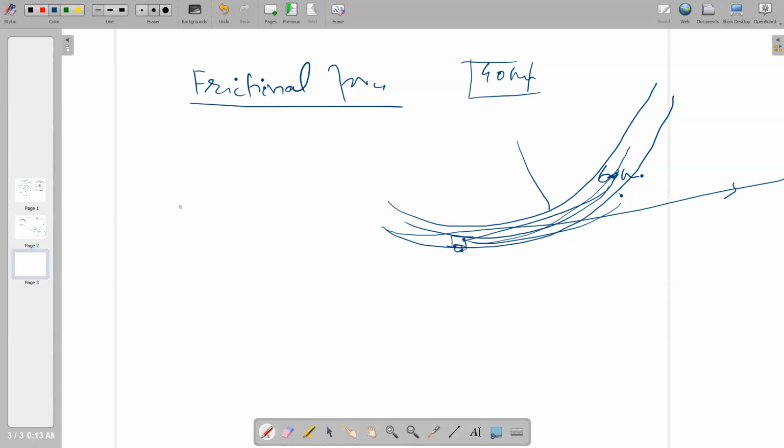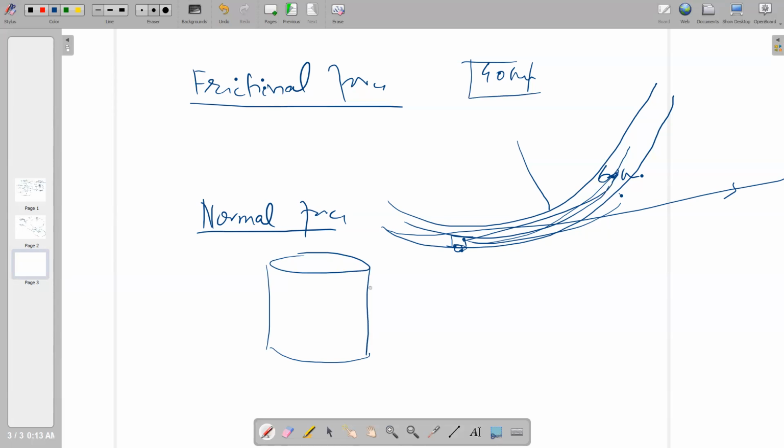Okay, the last example is the normal force. Normal force is also providing the centripetal force to make it in a circular track. Maybe you have seen that there is a round shaped room in the amusement parks, and the person is standing here.